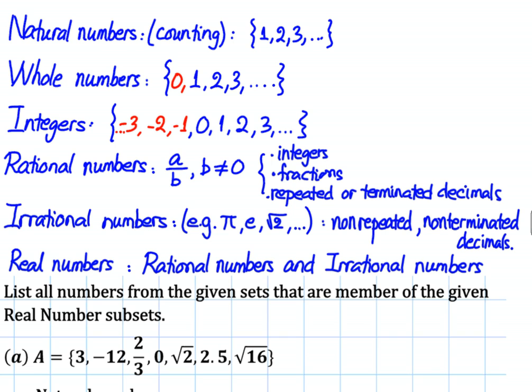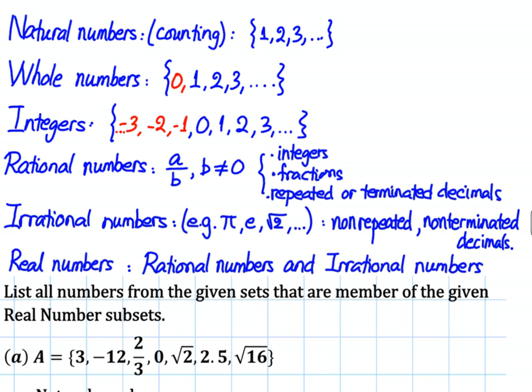Our irrational numbers are everything that we didn't talk about, such as pi, e, square root of 2, square root of 5. These numbers are non-repeating, and they are also non-terminating decimals. If you look at pi, it would be 3.1416, and so on, but you never see a pattern.